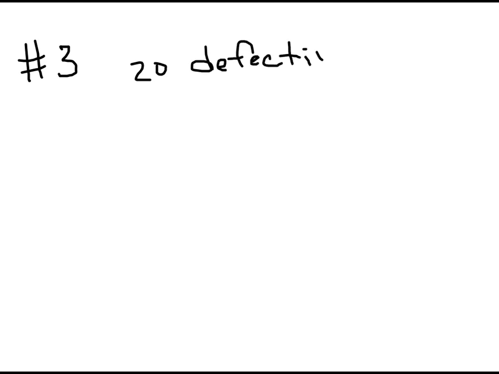All right, question number 3. In a production run of 300 units, there are exactly 20 defective units and 280 good items.